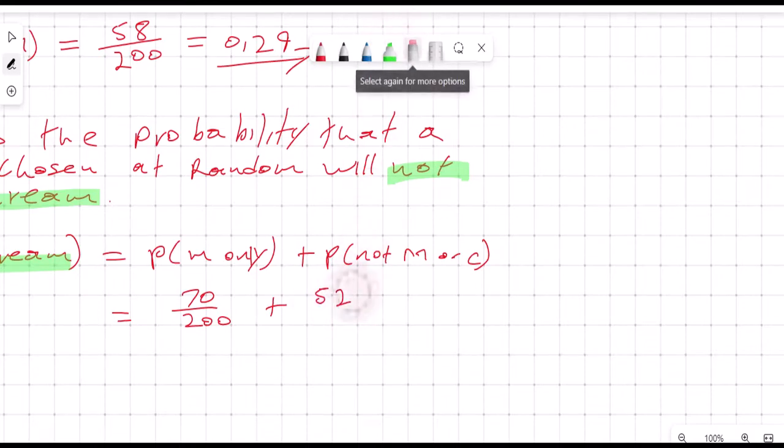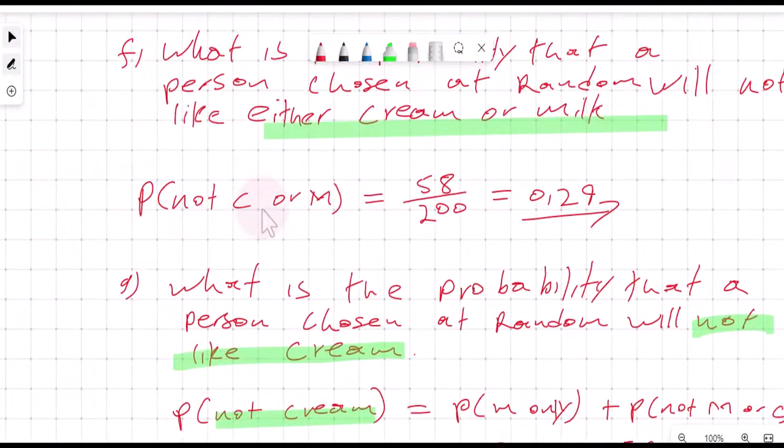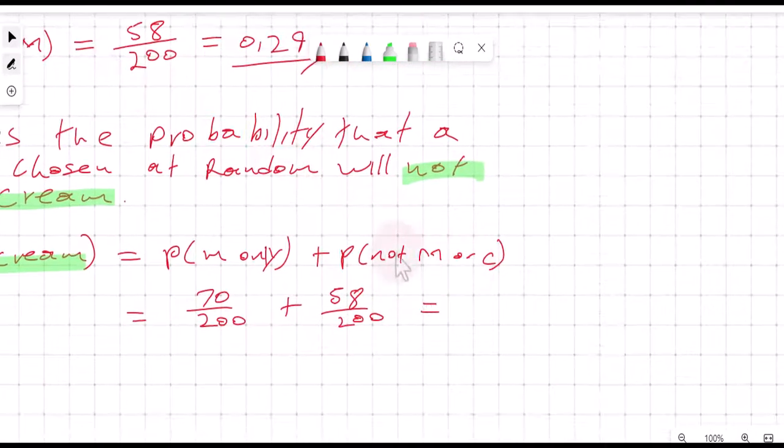So let's add them together. What do you get? Yes, 0.64. There it's correct.